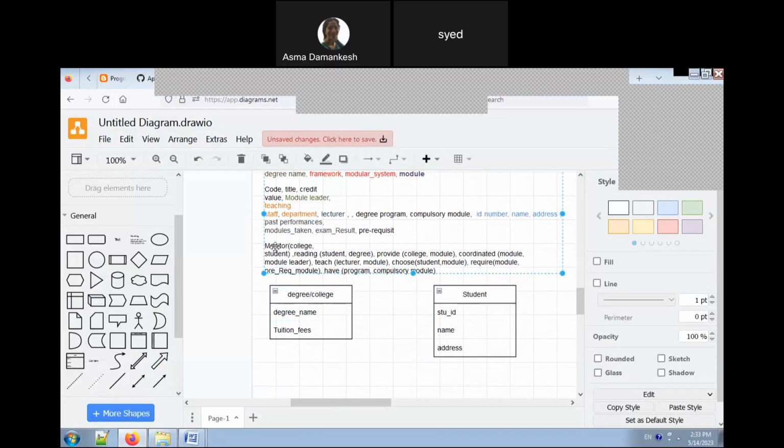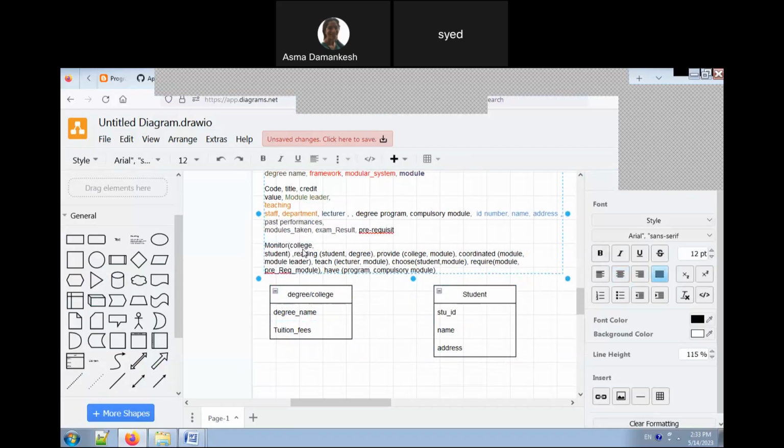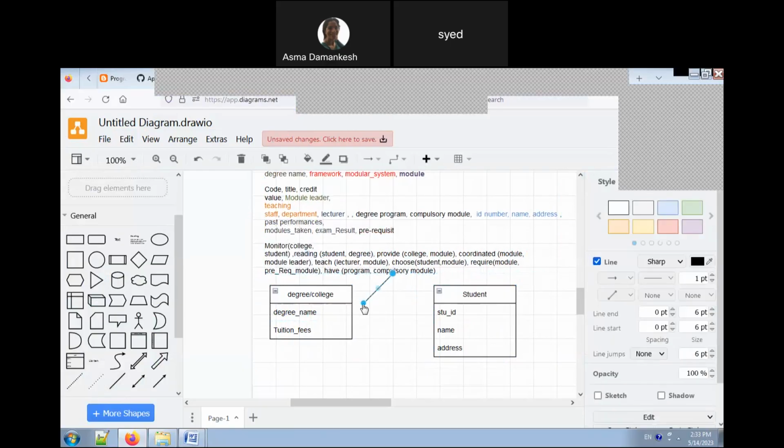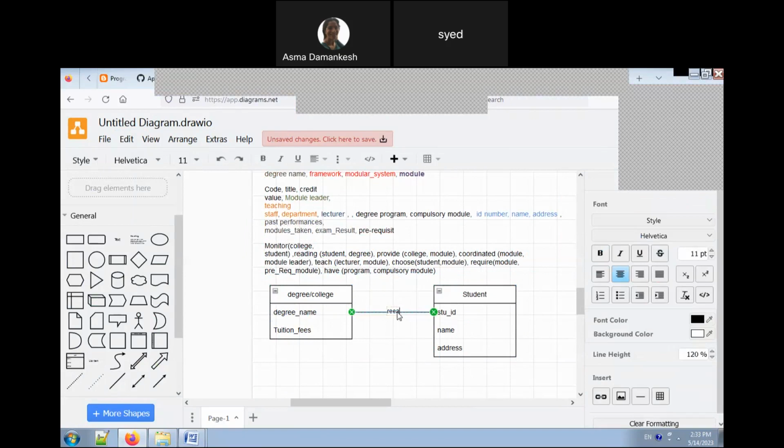Like these two basically are the same relation, okay? So we're gonna use this one. It reads into, so the relation is reads. I think I can just say reads.